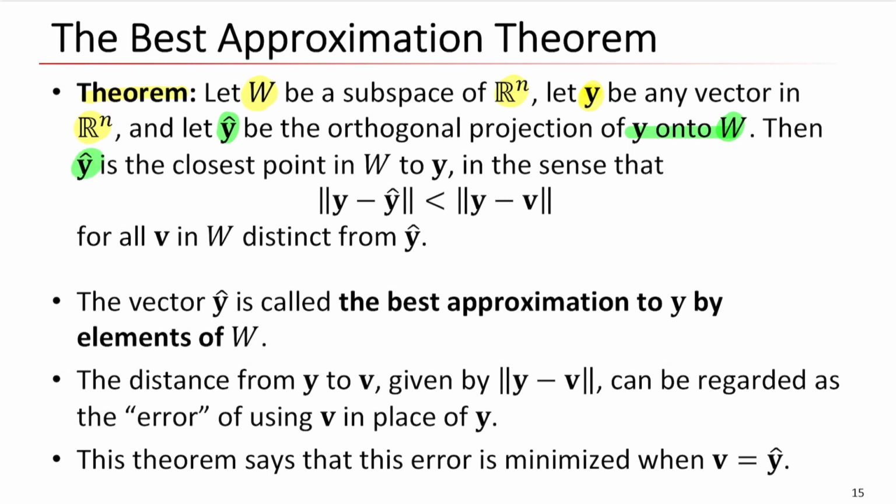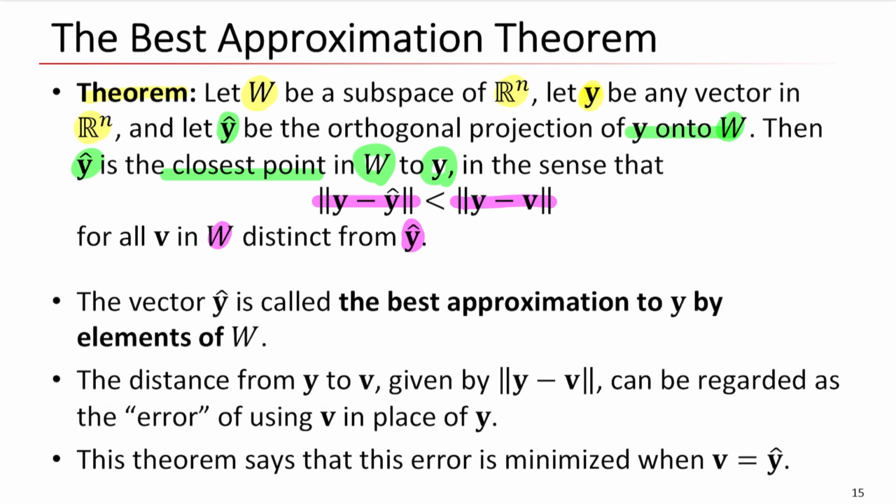Then y hat is the closest point in W to y, in the sense that the length of y minus y hat is smaller than the length of y minus v for other v in W distinct from y hat.